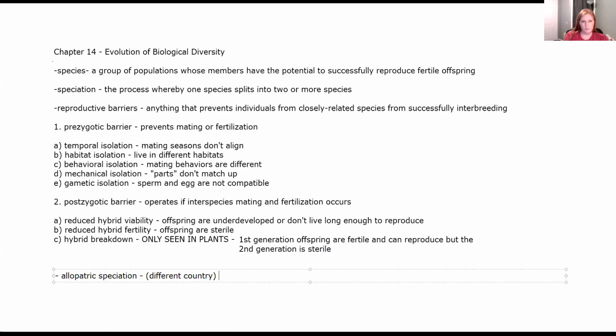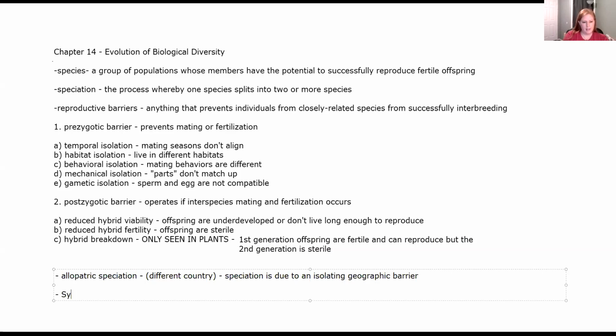So like, what did I say, chipmunks in the beginning. Okay, so something that physically comes up to disrupt populations from being able to mix with each other.